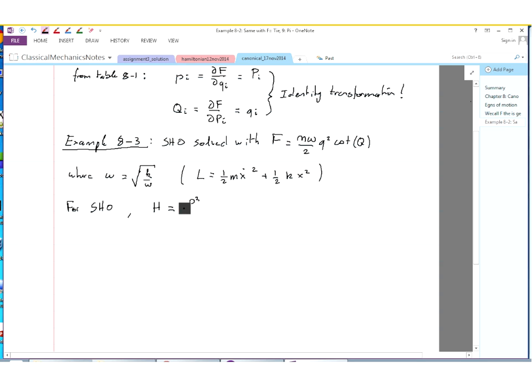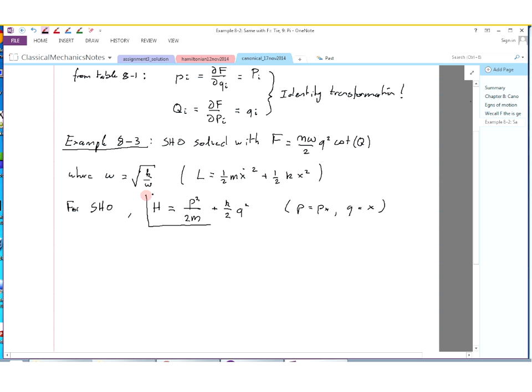And so the T term is p squared over 2m, and the V term is the same that we have here. It's k over 2 times q squared, right? So p is p_x, and q is x.